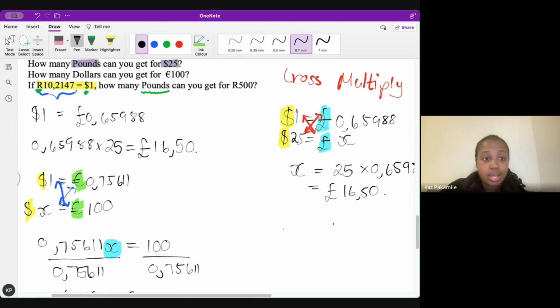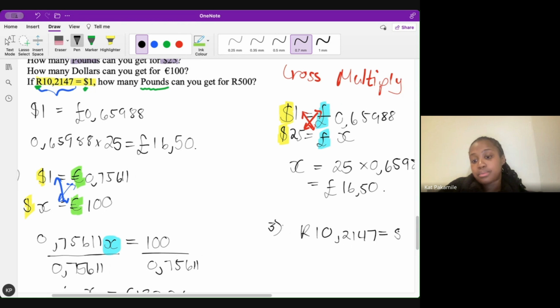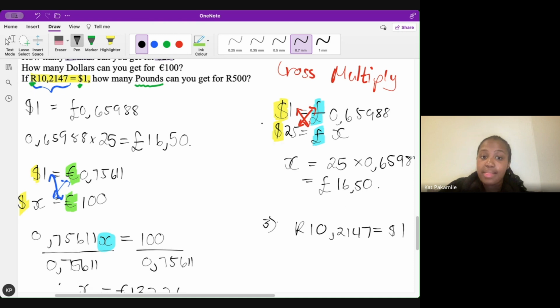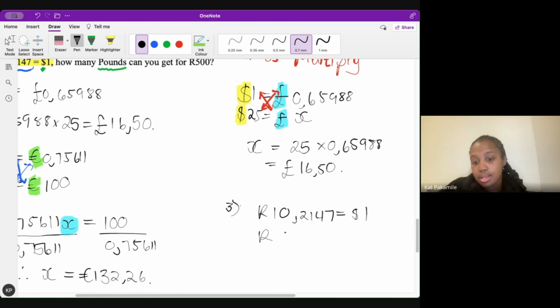So it has inflated a lot. Okay, so I have the exchange rate of 10 rand is equal to $1. And then they give us the 500 rand. So that's going to go under the correct unit. Equals, I don't know what this is, so what do I put here?